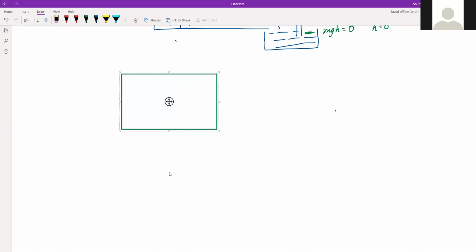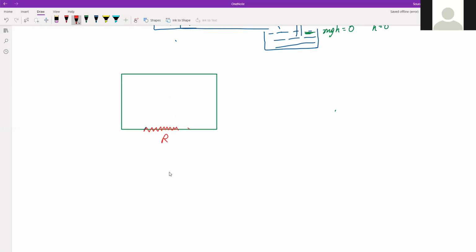So in this circuit, we have current flowing, and when current flows through any path or any conductor, that conductor will offer some opposition to the current. Such a conductor is called a resistor, and the opposition is called resistance.